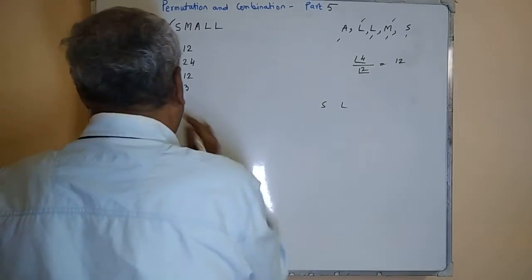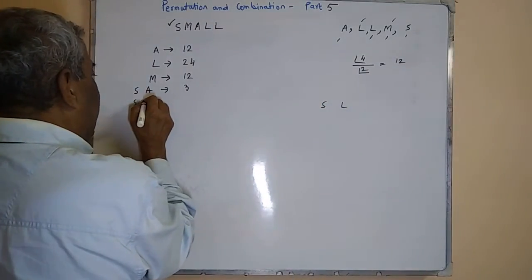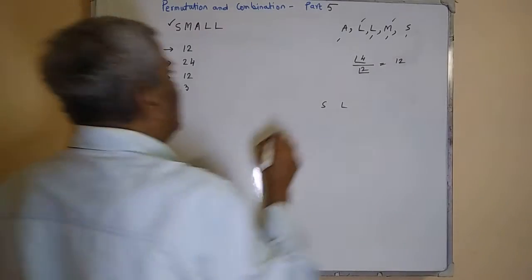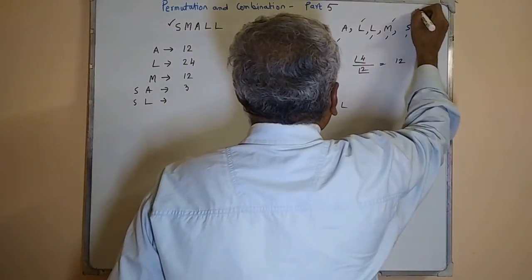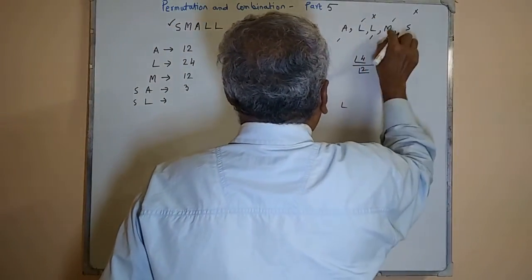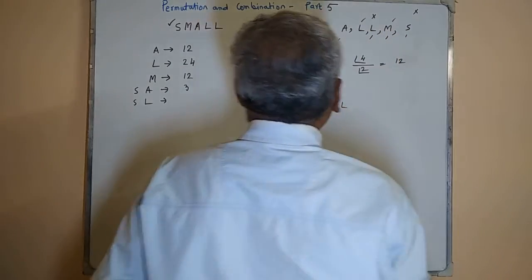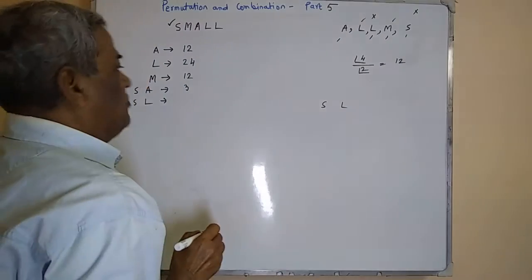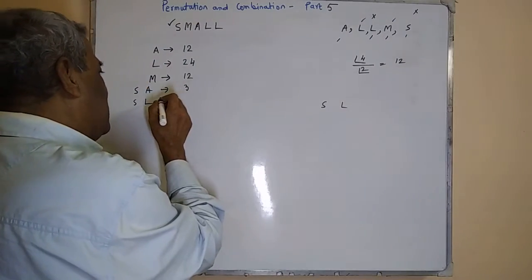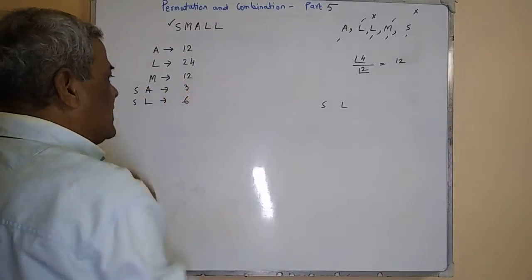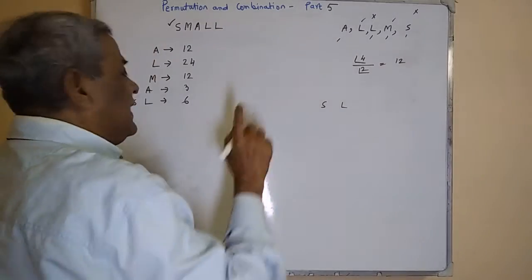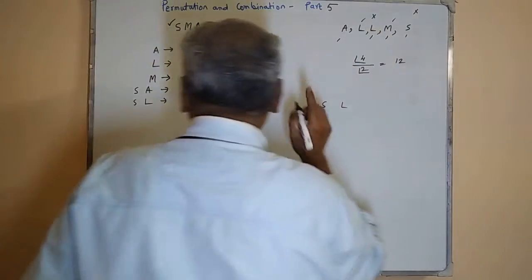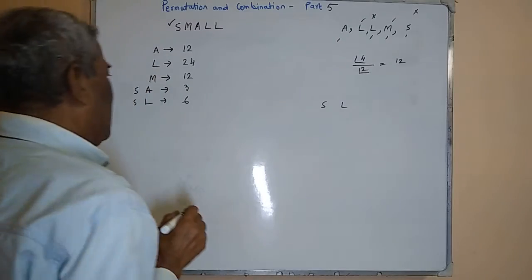Now SL, starting with S and L, 3 letters are there. So factorial 3, that is 6 words can be made. Taking S with the other L gives the same result, so no problem.